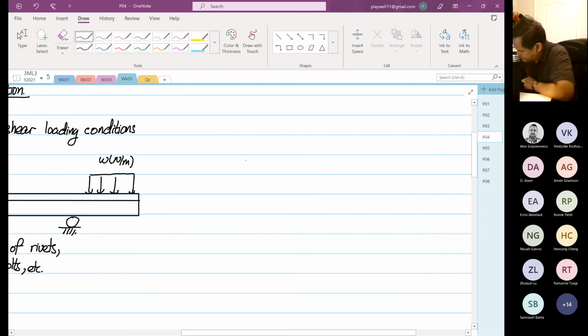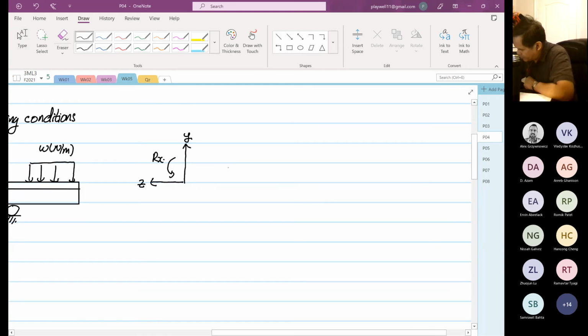So now, if this is my transformation, this is my Y, Z, and this is my rotation in my X, right? So now the structure looks like this.